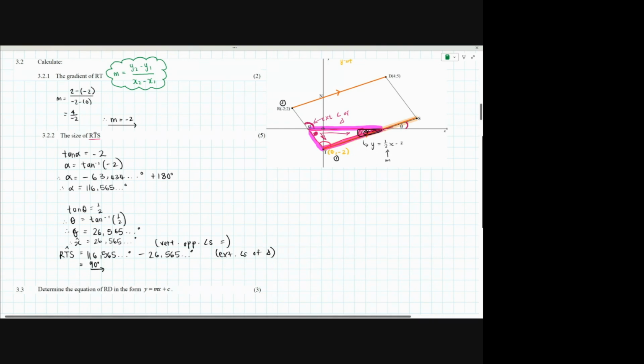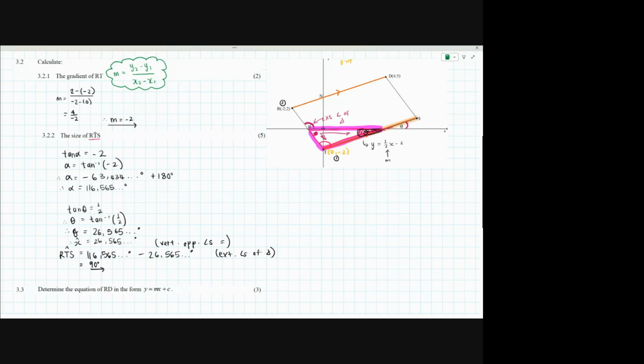This is obviously not the only way that you could do this question. There are other ways that you could do this question. So it's up to you, okay? But when we're giving you angles of inclination, try and use them as far as possible. Like I said, not the only way to do this question, but it probably is the most straightforward, easiest way to do the question.